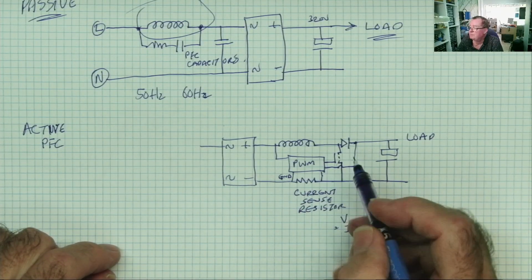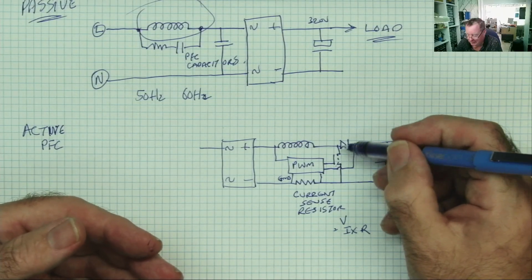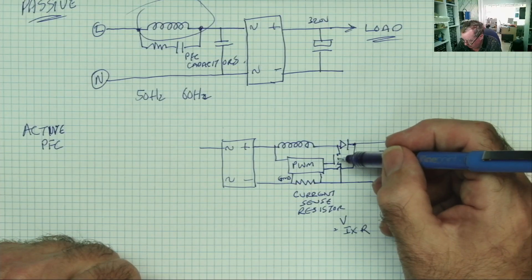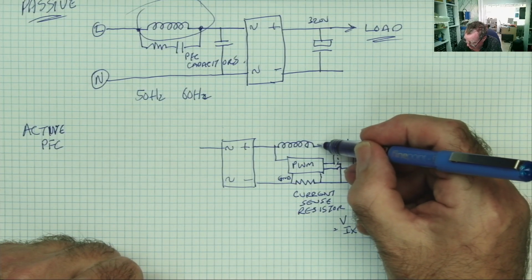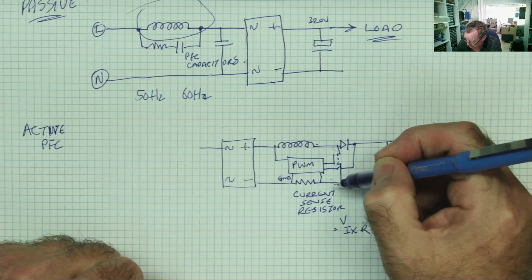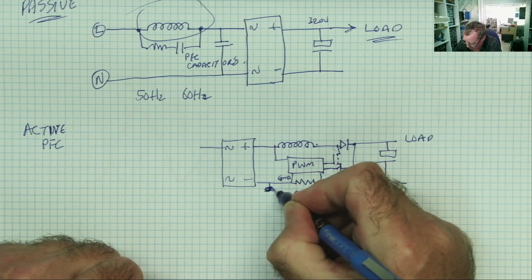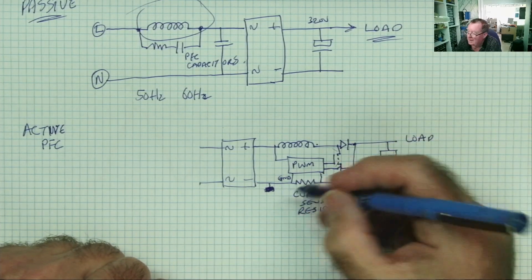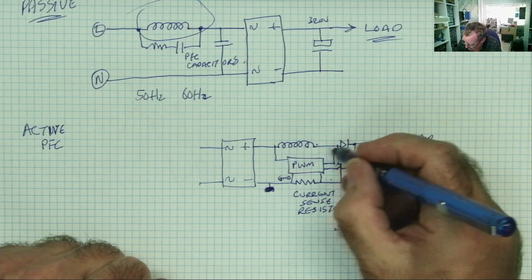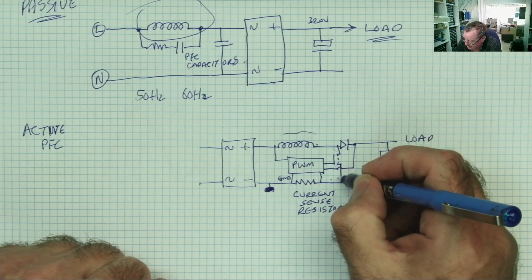It's driving this MOSFET, and what it's doing is it's switching this on and off at very high frequency. What that does is when the MOSFET is switched on, it connects this end of the coil to 0 volts, or hot ground we'll call it. This is effectively ground, but it's also connected to the mains, yeah. It's not isolated. When the PWM switches the MOSFET on, current will flow through here.